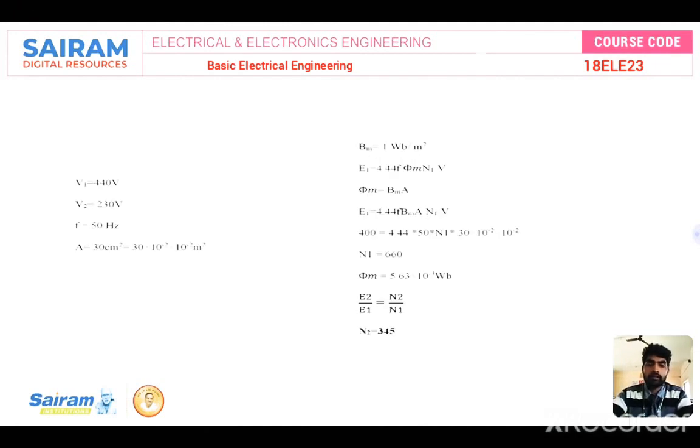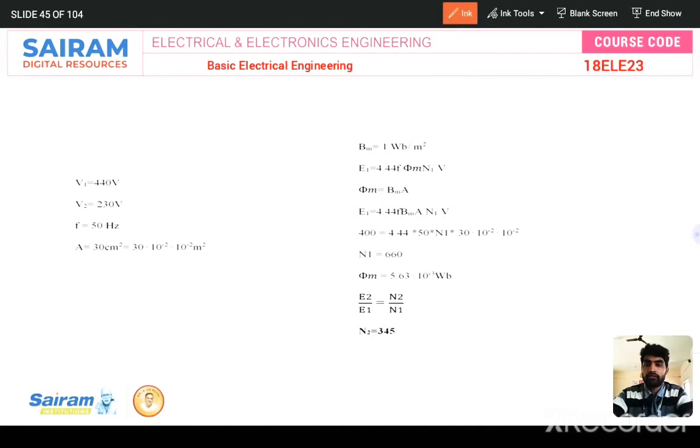Okay, once again revision. V1 is 440 and V2 is 230, frequency 50 Hertz, area 30 centimeter square, and maximum flux density 1 Weber per meter square. E1 is equal to 4.44 f phi m N1 volts. Phi m is equal to Bm into A. Just substitute the values, you will get N1 is equal to 660 turns.